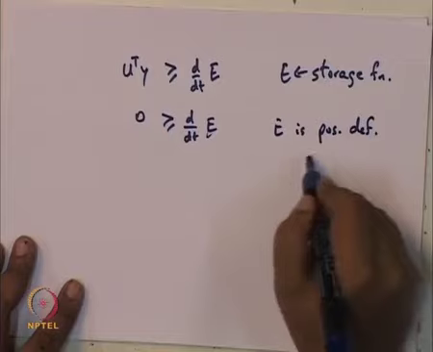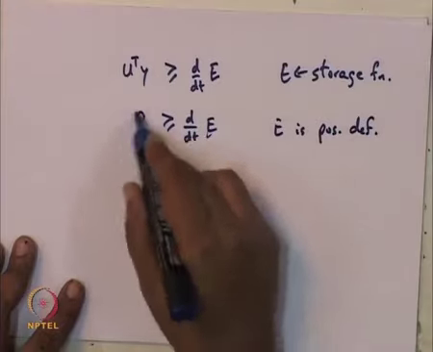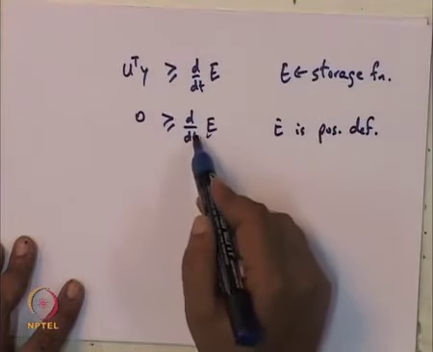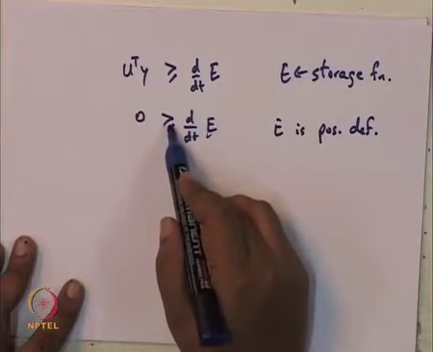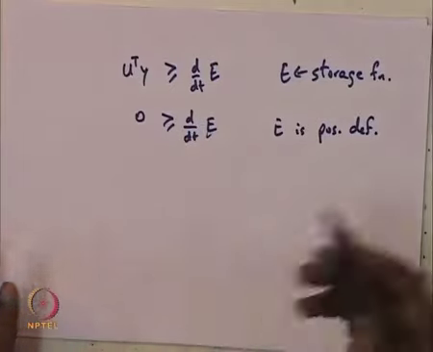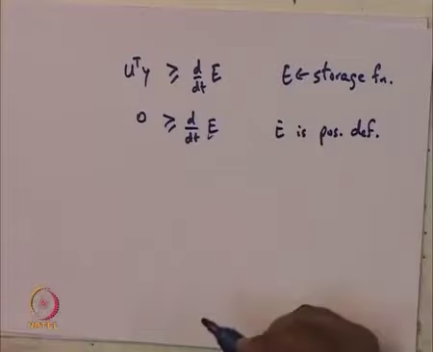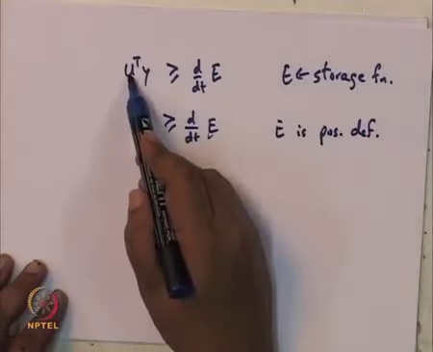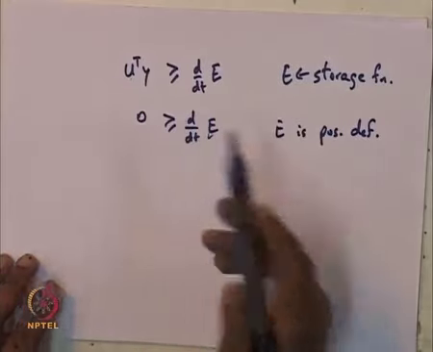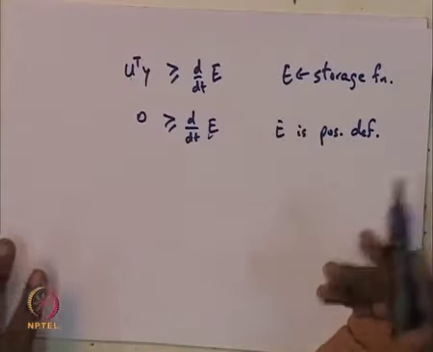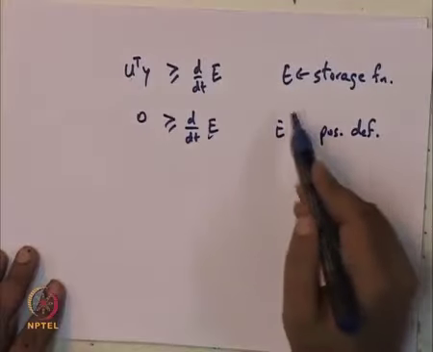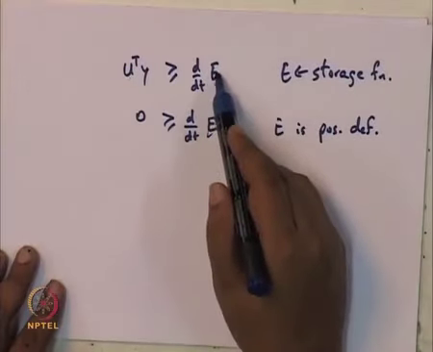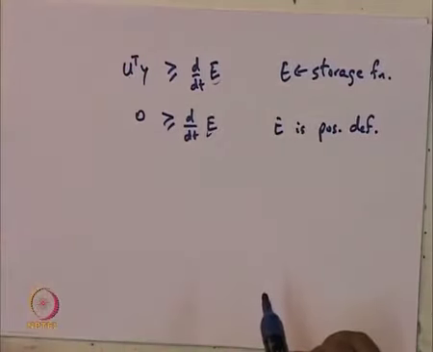So, if E is positive definite, this essentially tells us that the derivative of E is negative semi definite, and as a result the system that you get by setting the input to 0 is a system which is stable. Therefore, it is important that this storage function that you get should be positive definite.